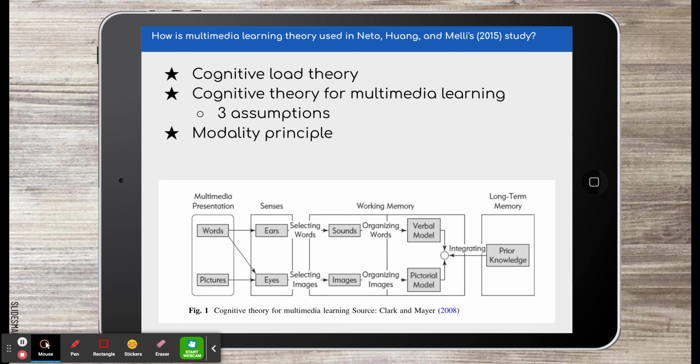That was justified given that when a need arises for the simultaneous processing of graphics and text, the students' visual channels can become overloaded.